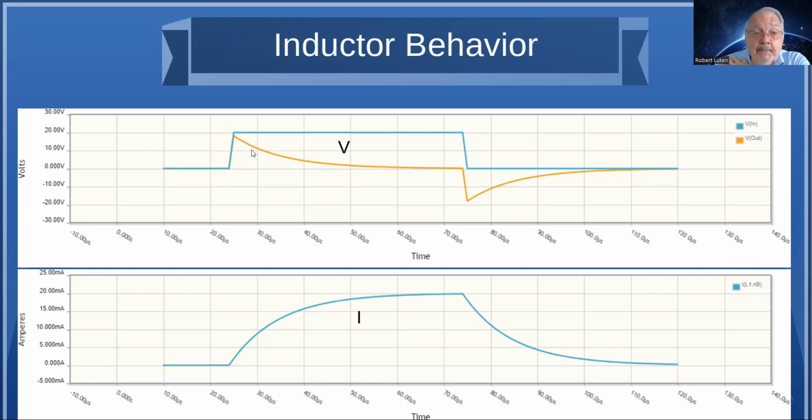The voltage drops across the inductor as the current increases through the inductor. Likewise, when we take that voltage away, we get a negative voltage spike, which decreases, and the current through it decreases exponentially.